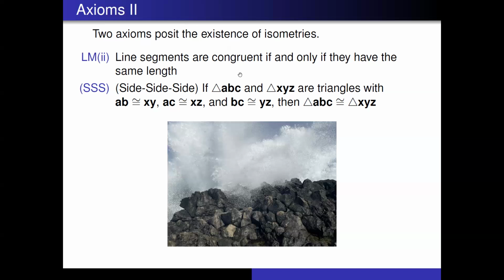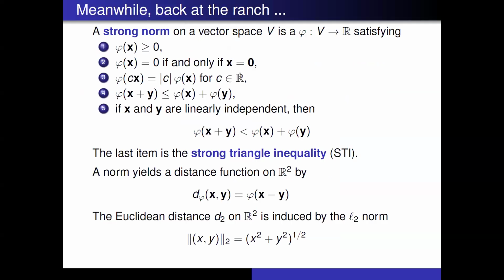Okay, the rest of the axioms are really basic. So, okay, forget all that. Let's go to the vector norms. Last time you taught numerical analysis, the first thing you do about the second month is talk about vector norms. So a norm on a vector space is just a function, phi, which is strictly positive.